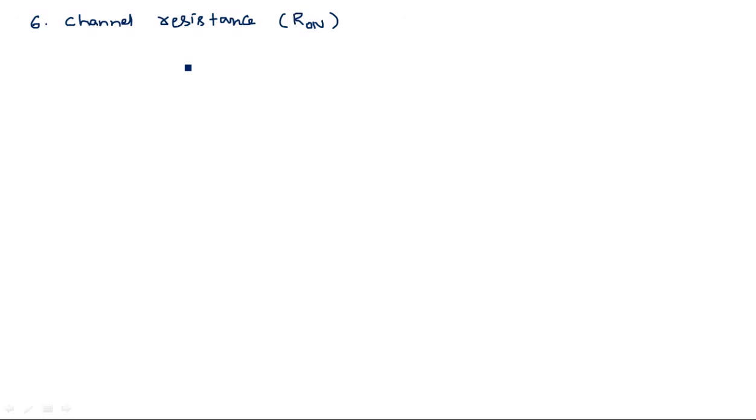Here it is known as channel resistance. Both are the same, you can write either name. R on is equal to L by W into 1 by Q on into mu. So R on is expressed as L by W, the Z value, into 1 by RS. The sheet resistance can also be expressed in this way, 1 by Q on into mu.